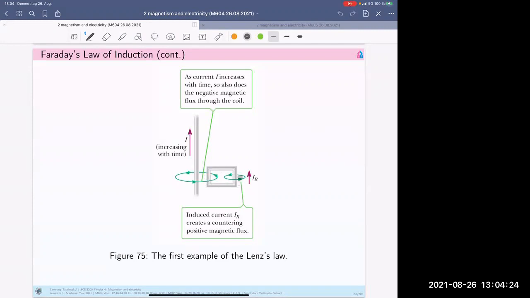Whether it has a rectangular shape or a circular shape doesn't matter. The important thing is that we have a closed loop of conductor.